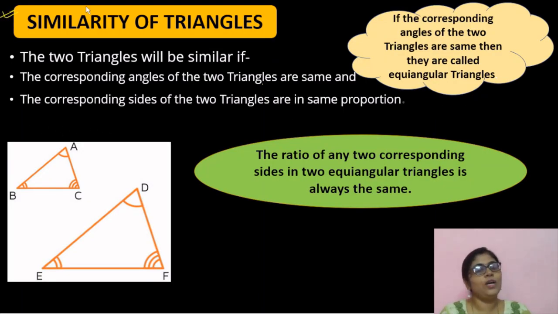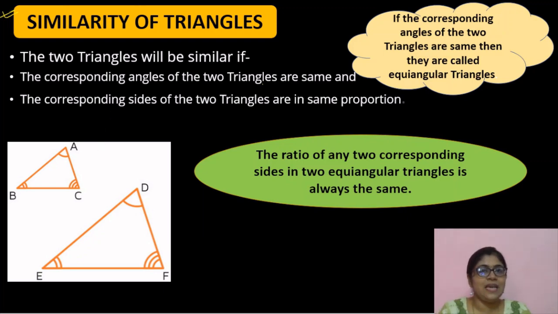In which case can we say two triangles are similar? If all three angles of the triangles are equal and the corresponding sides are in proportion, then we can say our triangles are similar.